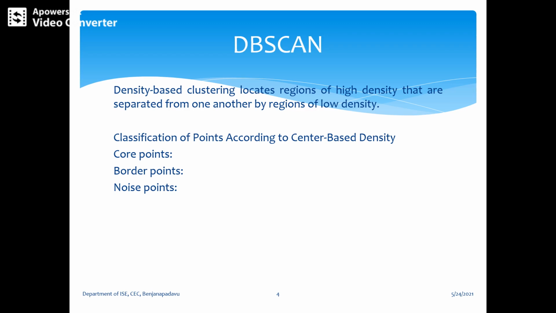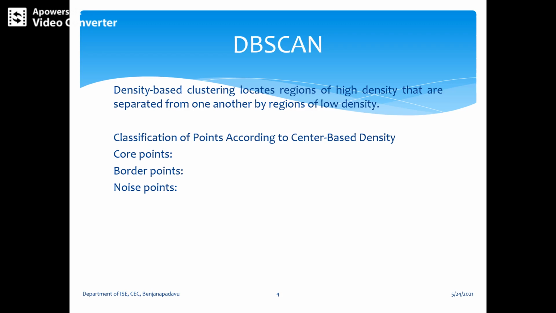For instance, if the radius is large enough, then all the points will have a density of m, the number of points in the data set. Likewise, if the radius is too small, then all the points will have a density of 1.